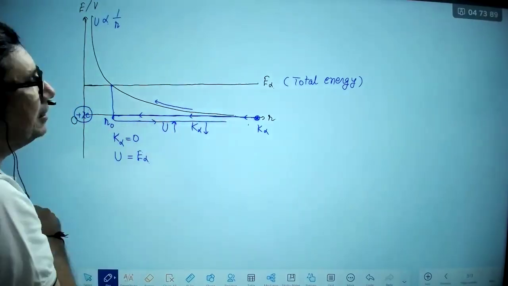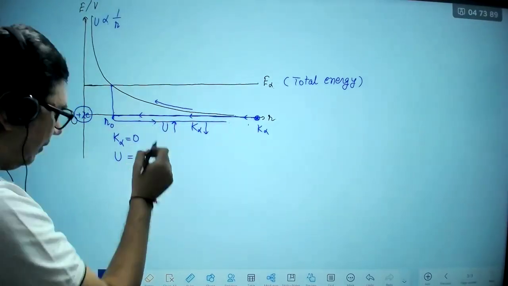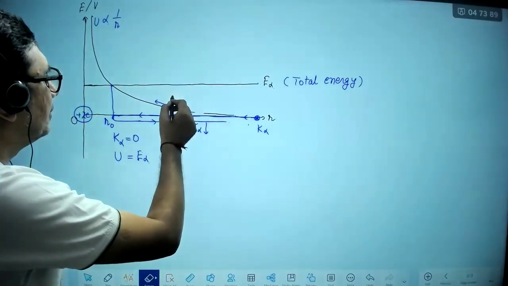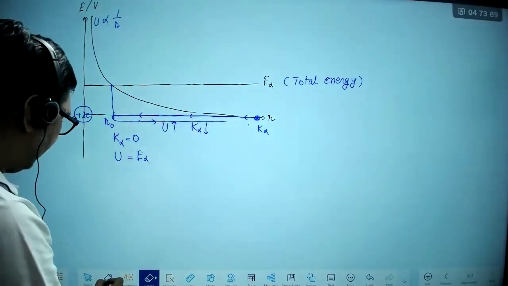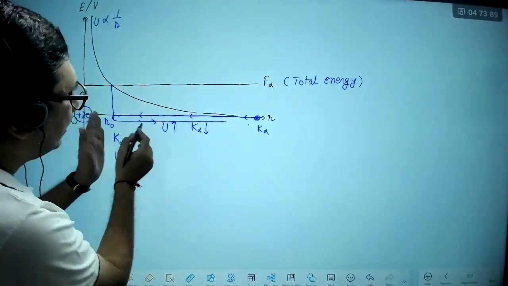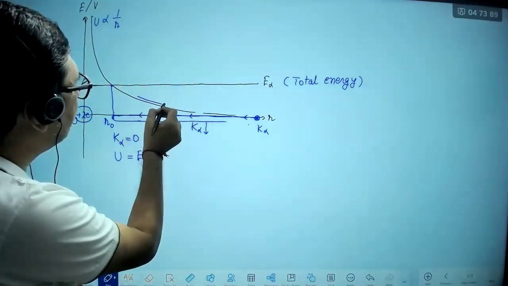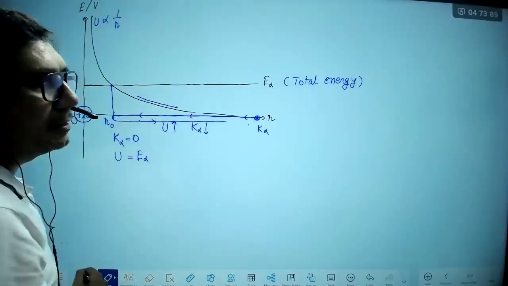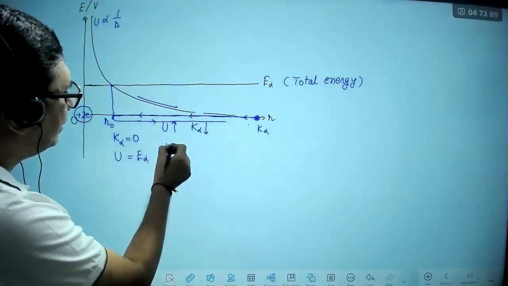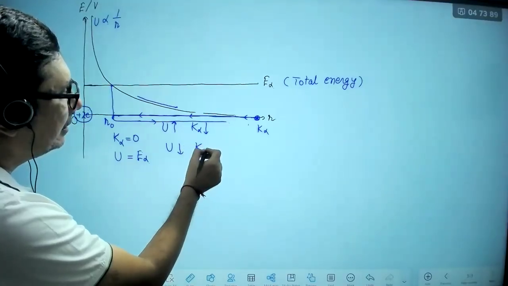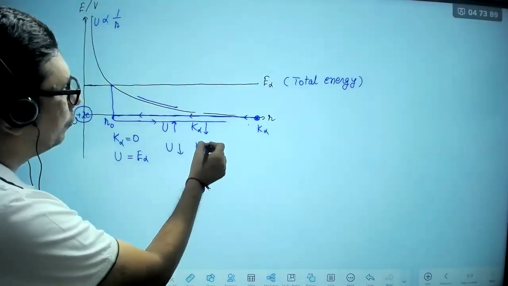And if you look at the reverse journey, here again the reverse thing is going to happen. Now the particle is moving in this direction, so this potential energy is decreasing. In the reverse journey, the potential energy will go down and the kinetic energy will go up.